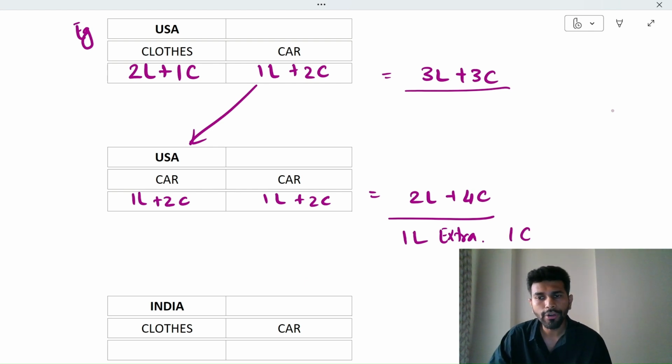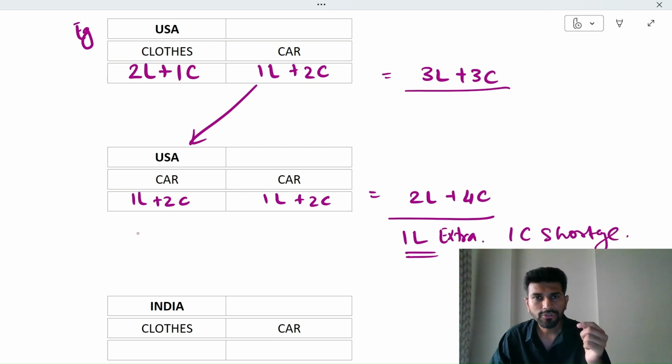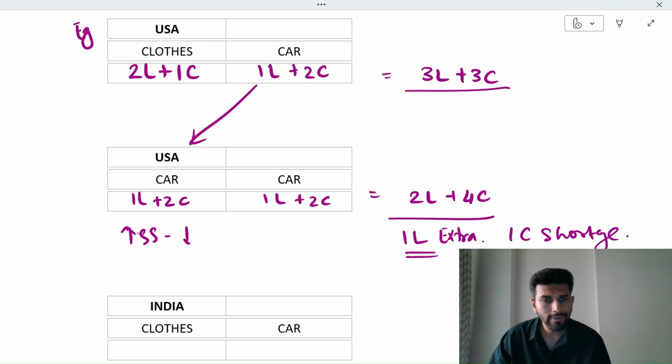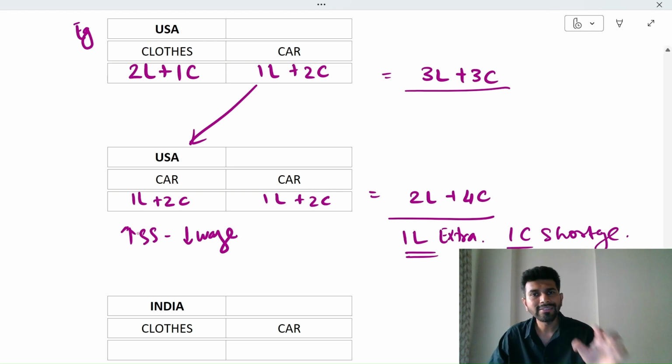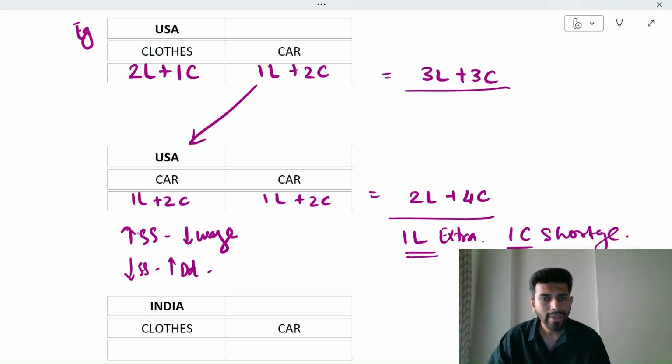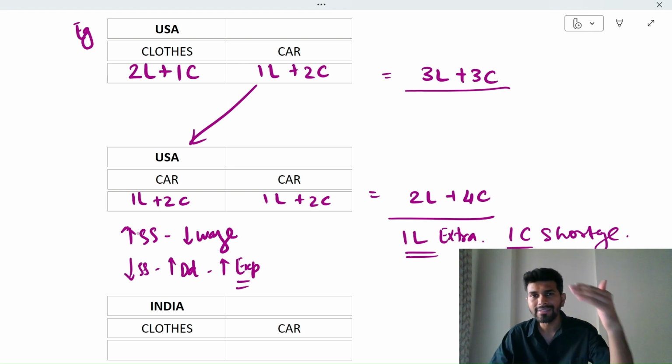So 1 unit of capital is in shortage. If it has 1 extra labor, it means there is more supply of labor, and that will reduce the wage rate. Similarly, if capital is in shortage, the less supply of capital will create demand and ultimately it will be expensive. It will increase the price.